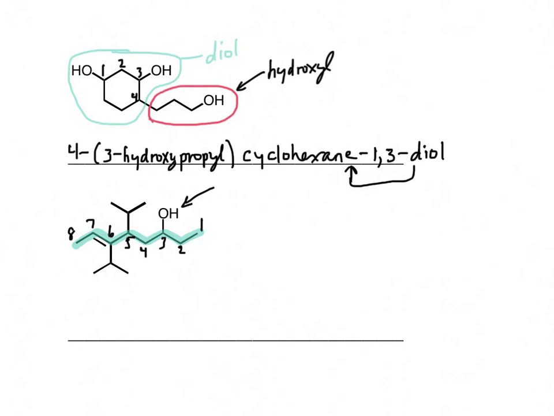I have isopropyl groups at 5 and 6, so we will go 5,6-diisopropyl, and then I'm going to do the new style, it's an octene, so it's oct-6-ene-3-ol. We are almost done, but we've forgotten one thing, and that is E or Z.